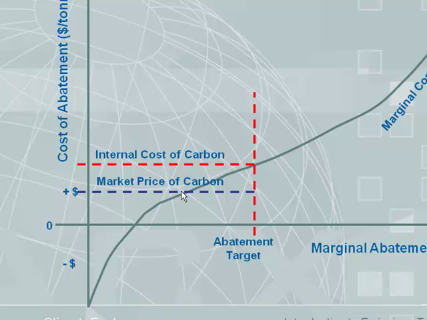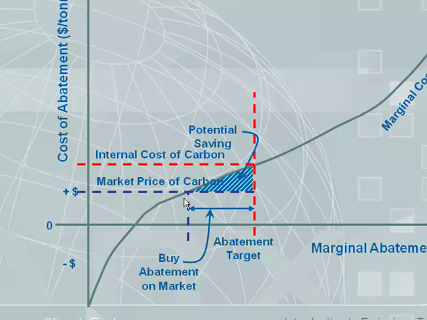Or they can do it at a marginal cost of abatement that is lower for the same amount of abatement. So it makes sense for us to instigate all these abatement options to the left of where the market price of carbon crosses our marginal cost of abatement curve.